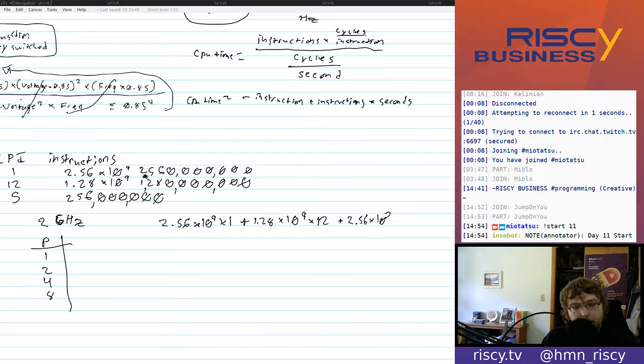Because here, 1, 2, 3, 4, 5, 6, 7, 8, 9. So yeah, I guess it is just off by 1. I was thinking it was off by 2 places, but no. So that looks right. And that divided by 2 gigahertz.